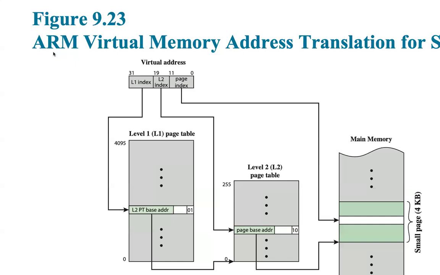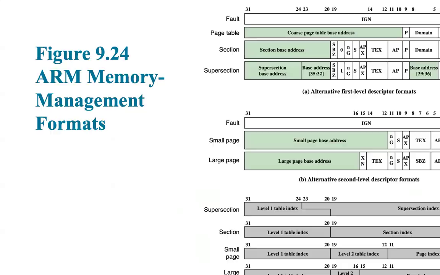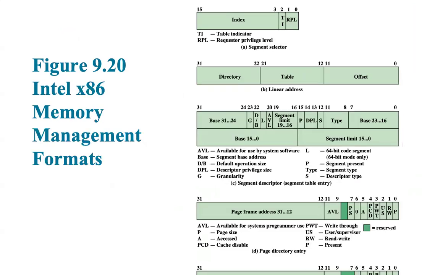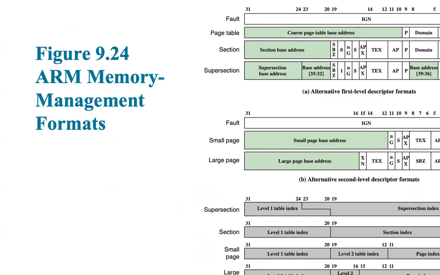This shows the ARM virtual memory address translation for small pages. This is the ARM memory management formats. If I was to cycle back between the formats that are used there, here's the one for the x86. In principle they have some similarities, but there's a lot of details that go into each one of these.